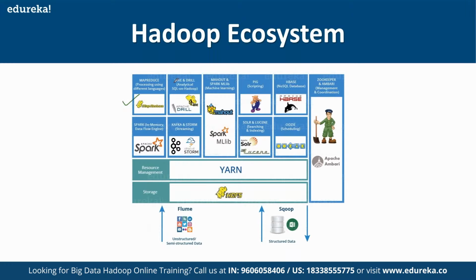And then you have Hive and Drill. These are all used for querying. Hive has something called HQL, that is Hive Query Language, which is very similar to your SQL. And you can take the data which is stored in your HDFS, and you can do some query on top of it in order to organize the data and filter the data. So if I have so many tweets dumped, what I can do is organize the tweets based on the type in a table.